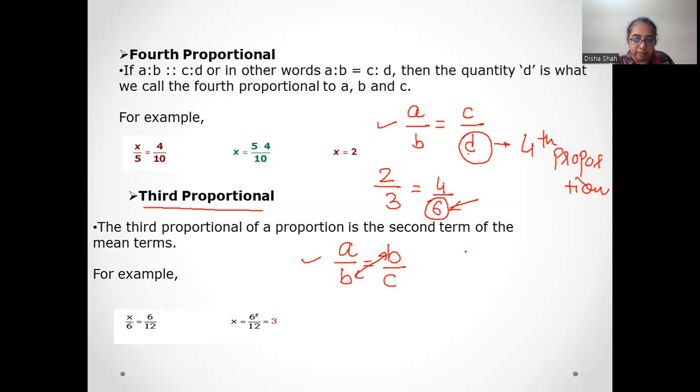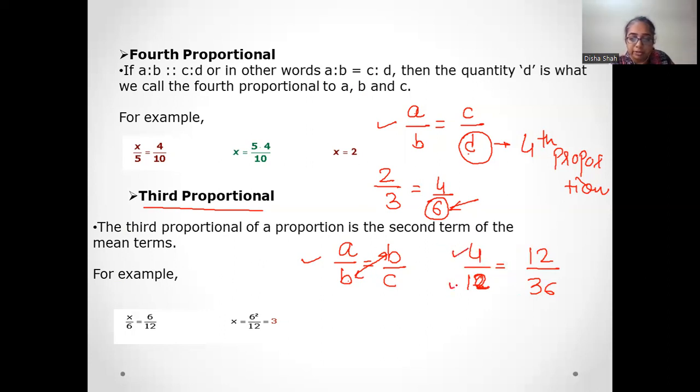For instance, 4 by 12 is equal to 12 by 36. Is it correct? Yes. And here you can see there are only 3 variables.